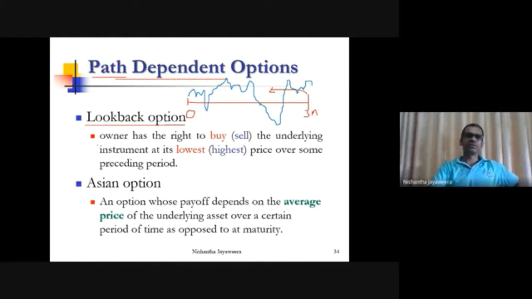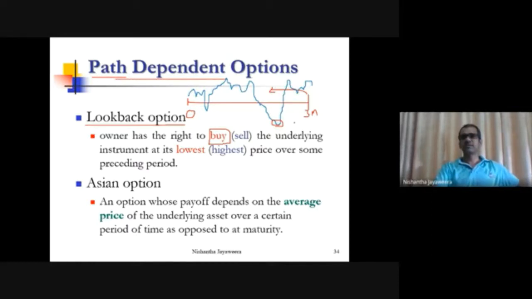For a call option, you can buy the asset at the lowest price. Whatever the price here, irrespective of that. So there's no strike price for the look back option. The strike price becomes the lowest price.